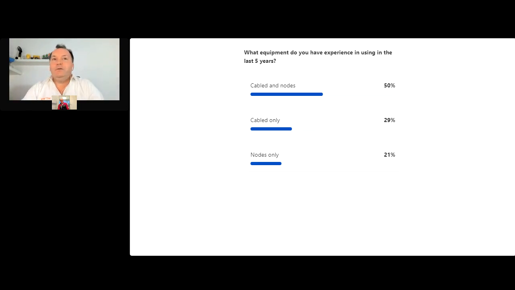So we have an audience today who, for about 70%, has already been exposed to Node. About 20% have switched fully to Node only over the last 5 years. And we still have more than a quarter of the audience who are cable-only users.